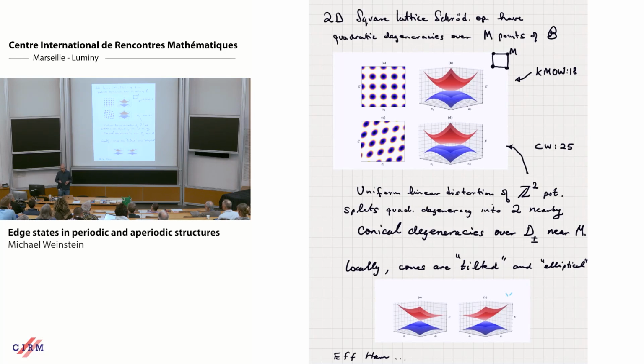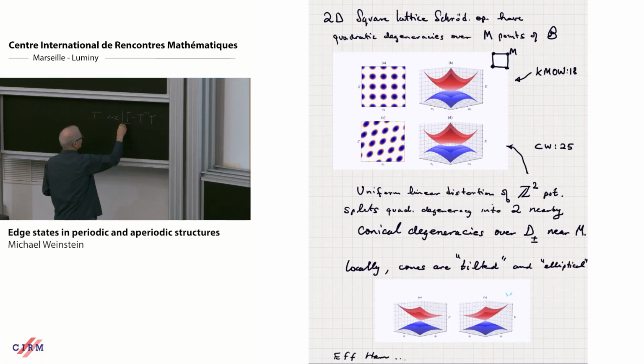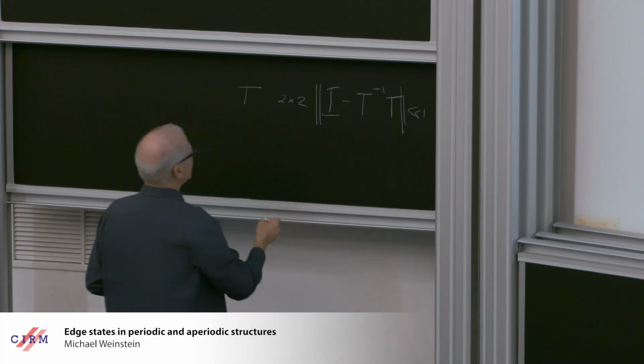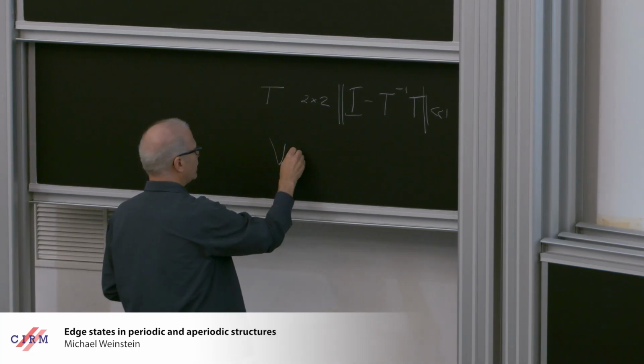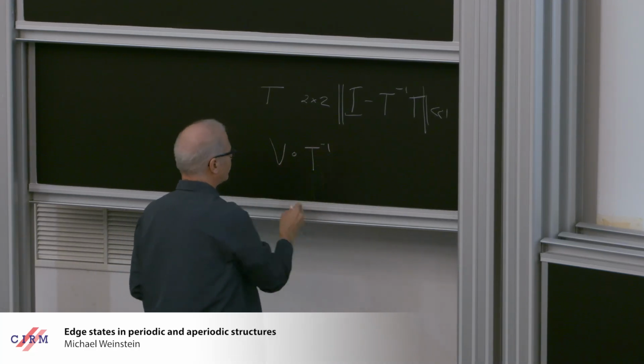Suppose T is 2 by 2, and let's assume that this has small norm. And I look at V composed with T inverse.